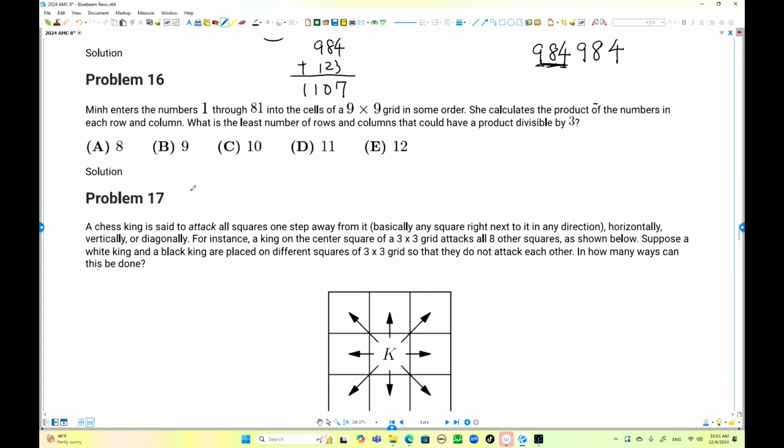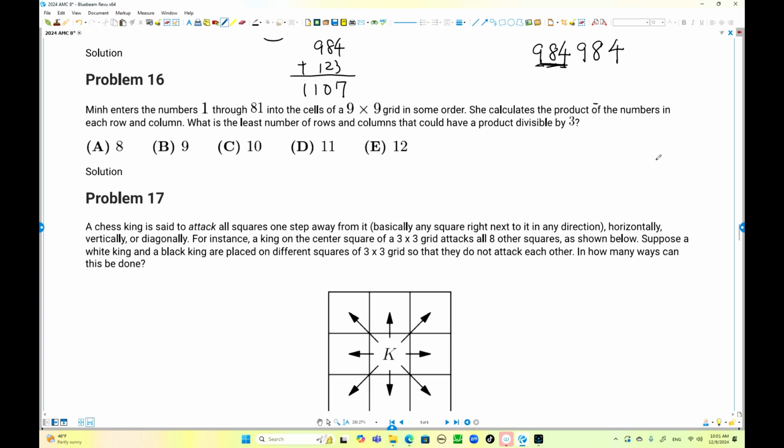Number 16: we have entered the numbers 1 to 81 into a 9 by 9 grid. She calculates the product of the numbers in each row and column. What is the least number of rows and columns that could have a product divisible by 3?